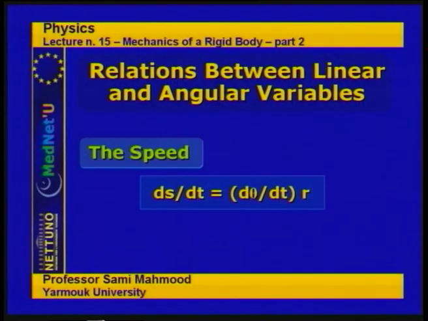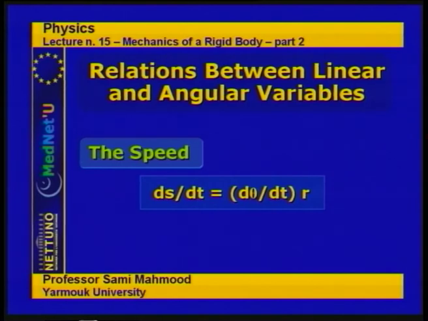But what about the magnitude? The speed is obtained simply by taking the rate of change of the distance traveled by the particle, ds by dt.